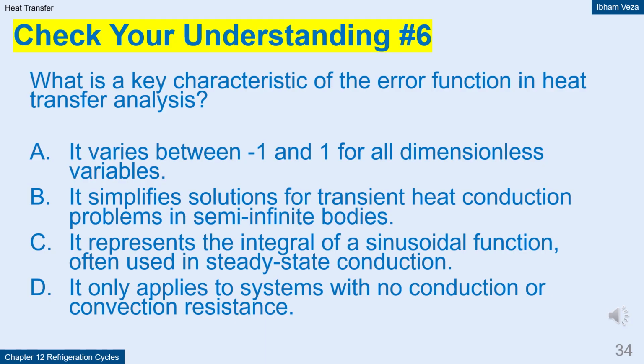C. Incorrect. The error function is the integral of an exponential decay function, not sinusoidal, and it is used in transient, not steady-state conduction. D. Incorrect. The error function is relevant for systems with conduction and convection, particularly in transient heat transfer problems.